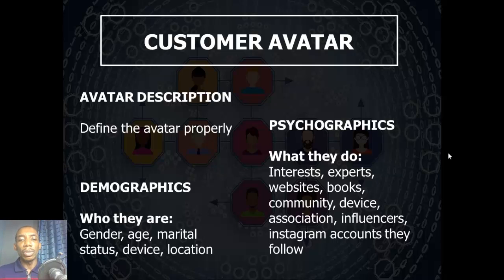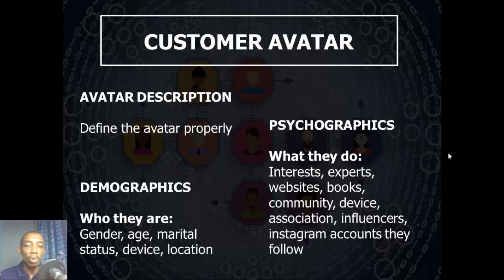Another thing about the psychographics is I want to know what they are interested in, especially if you're going to be running Facebook adverts. If you're going to be running Facebook adverts, you want to know their interest. You want to know the experts they follow, the kind of websites they visit, the kind of books they read, the kind of community they belong to.